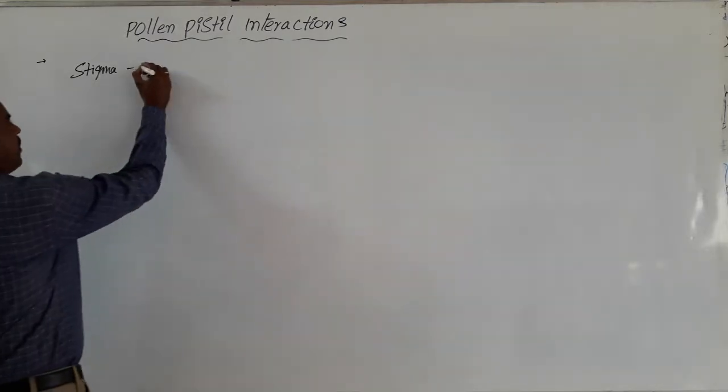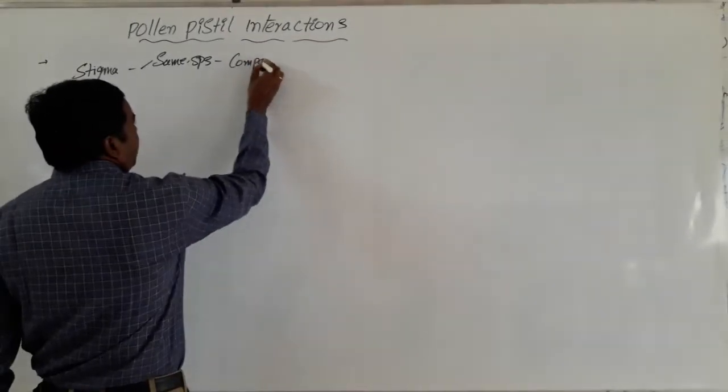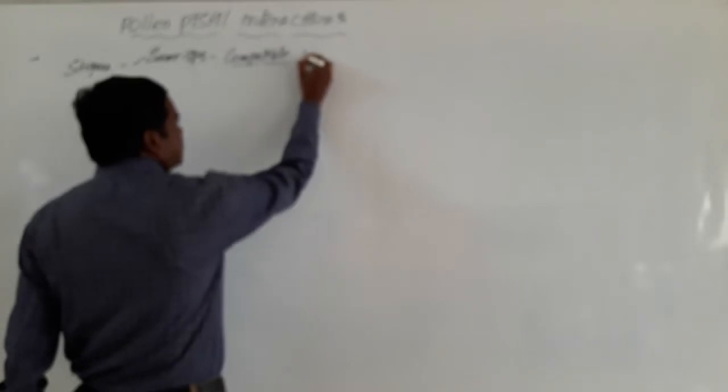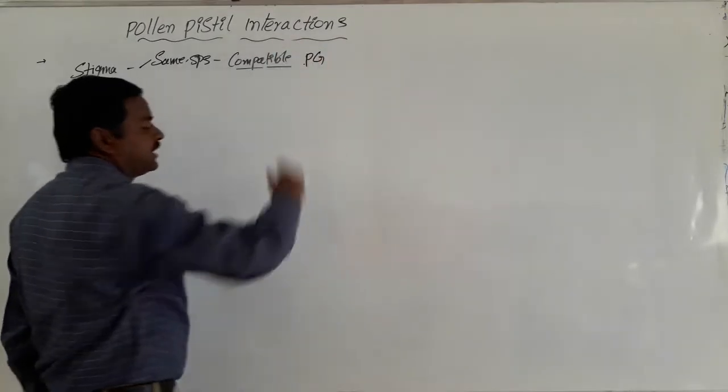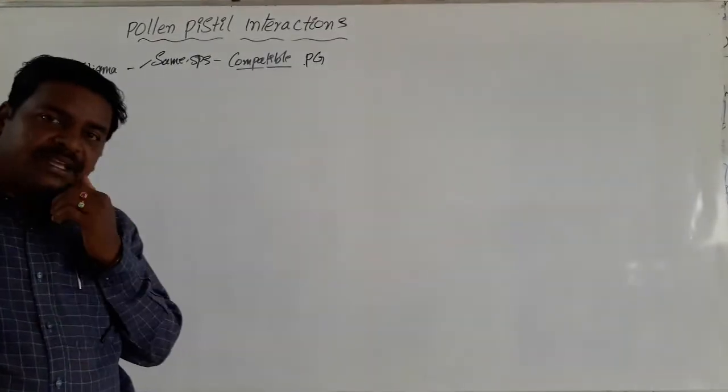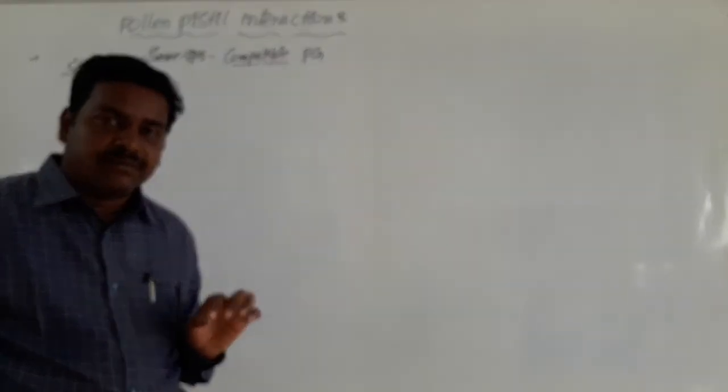The pollen grain of the same species is considered a compatible pollen grain. This is called a compatible pollen grain.